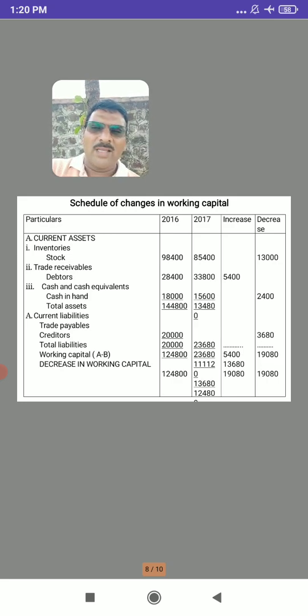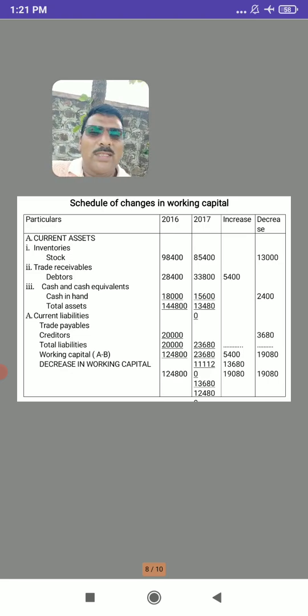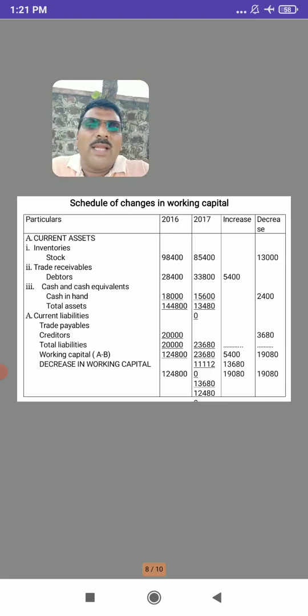Next, trade receivables, under that we have to take debtors. Only current assets are taken here; fixed assets and intangible assets are not considered. Next one is debtors. The 2016 debtors is 28,400 and now it has become 33,800 in 2017.